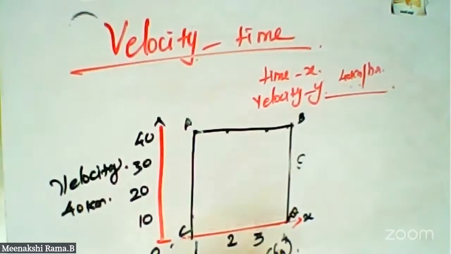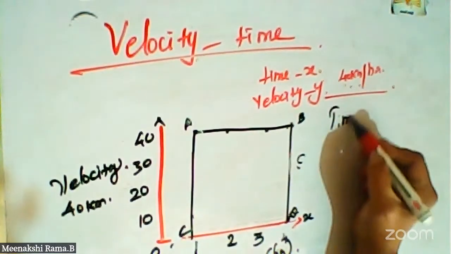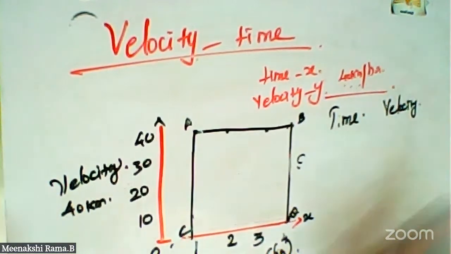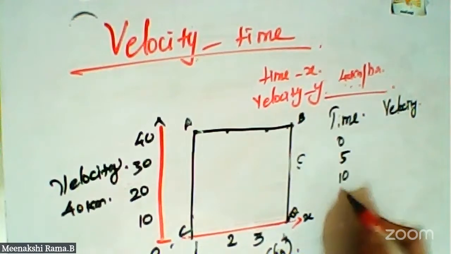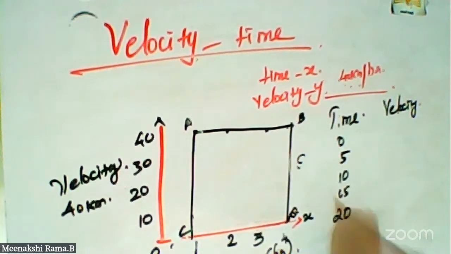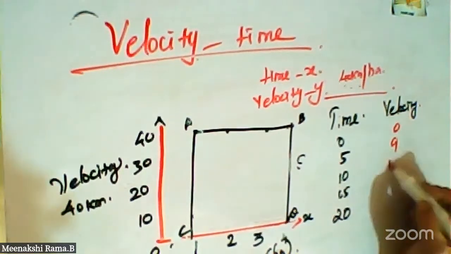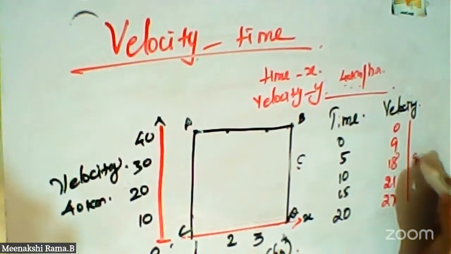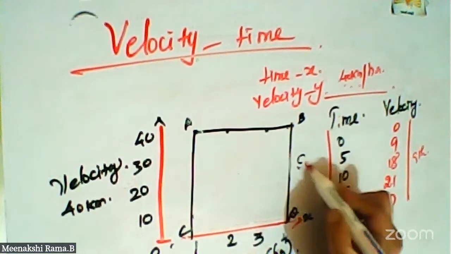Here, time and then velocity. So each and every 5 seconds, that is 0, 5, 10, 15, and then 20 seconds, he crossed 9 kilometers, 18 kilometers, and 21. This is the ninth table. Is it? This is the fifth table.